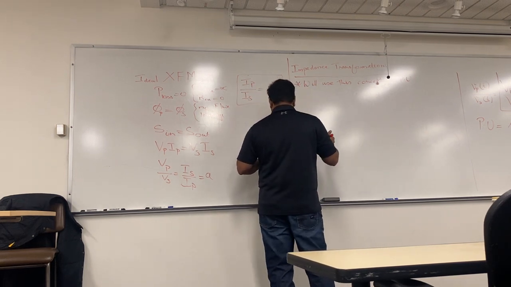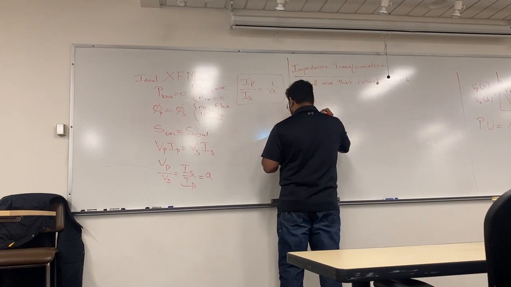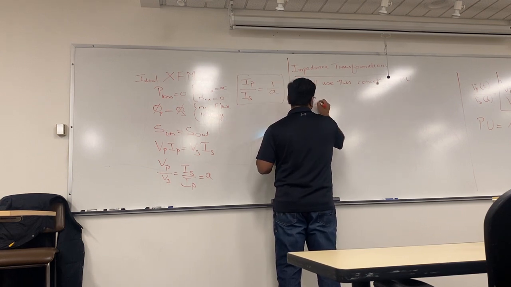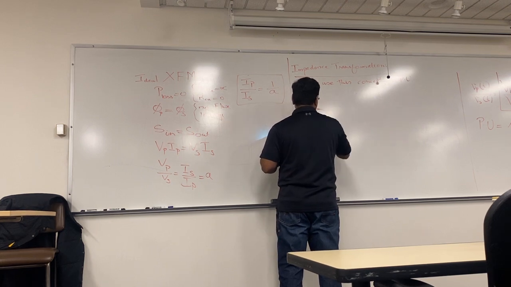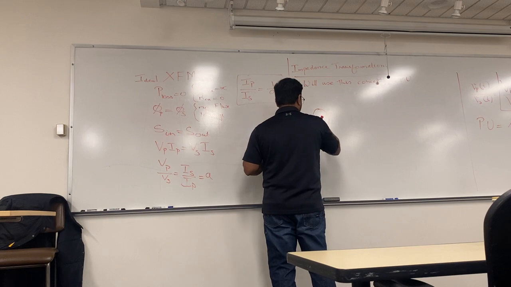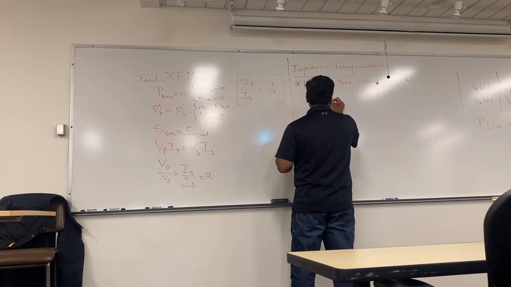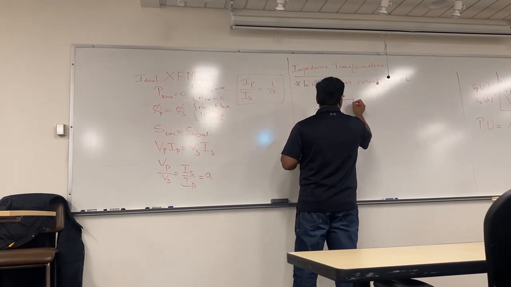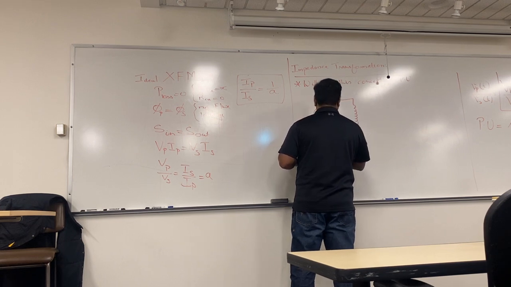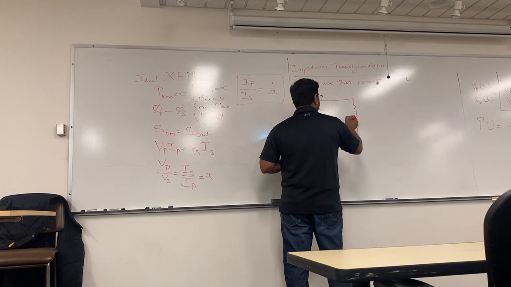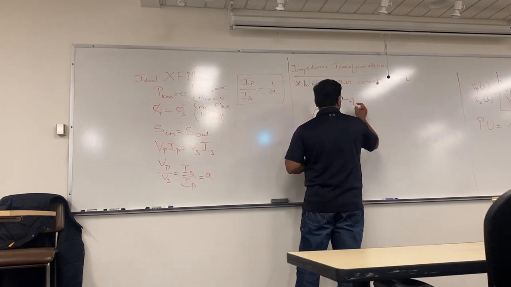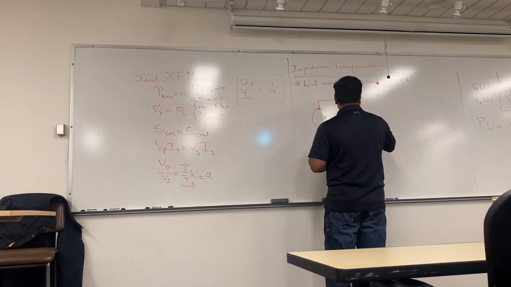The way to go about impedance transformation, and this is the first time in this class that we are going to do a single phase transformer. A round with a V or a sinusoidal means I'm applying a power supply to it. I have my primary, and I have a dot here, and I want to speak about this dot a bit.